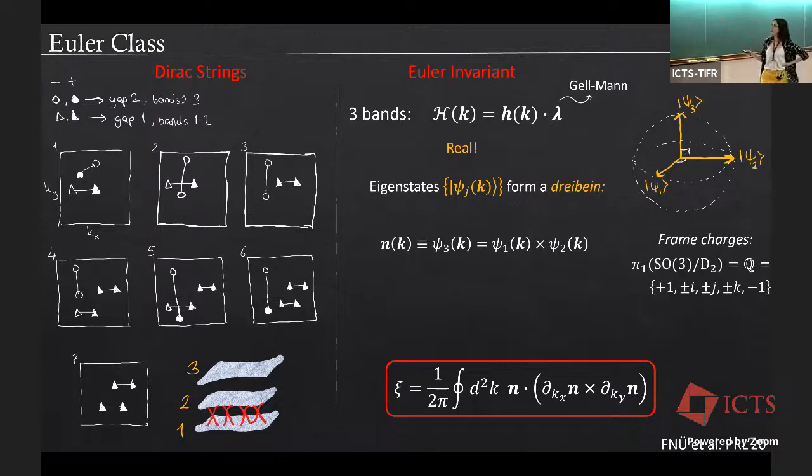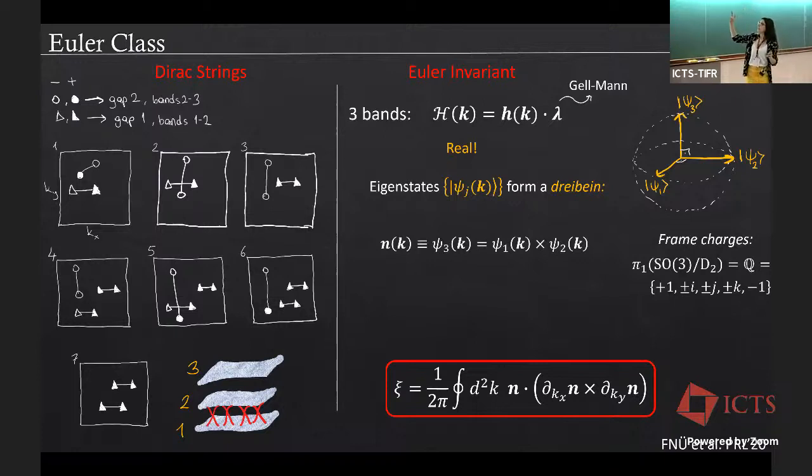And if I have a real Hamiltonian, so this is a 3 by 3 Hamiltonian, its eigenstates, 3 by 1 vectors, can also be found real. And these eigenstates are already orthonormal, and I can treat them as vectors in SO(3), forming a band, because they form a frame.